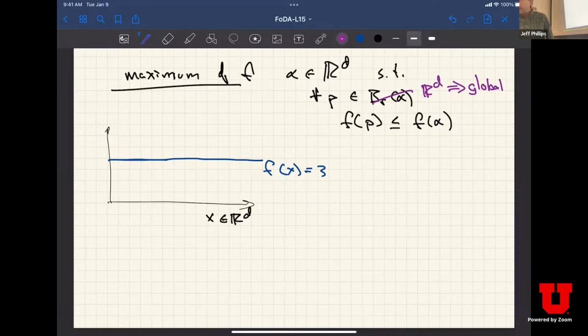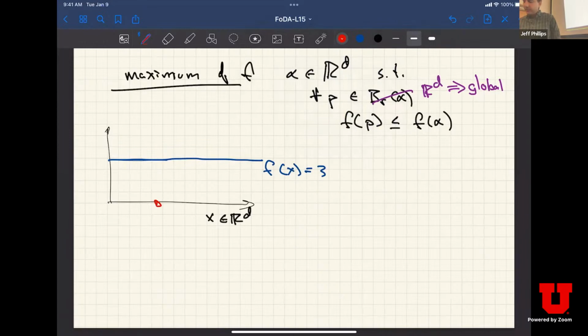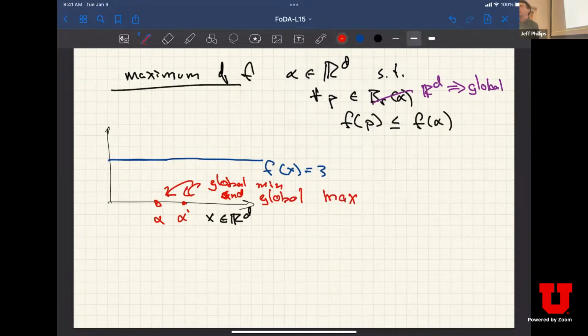So yes, right. What is happening here is that for any value alpha or alpha prime, all of these values are the global min and also the global max, right?